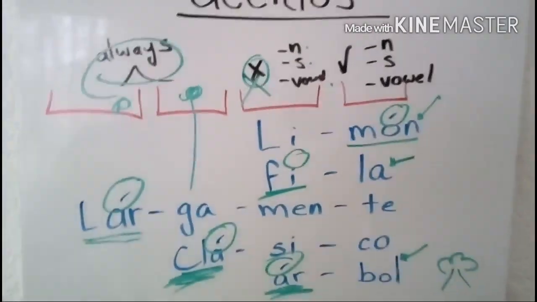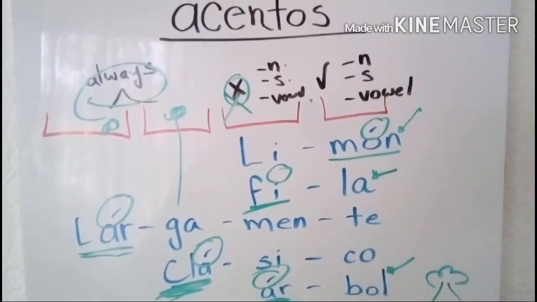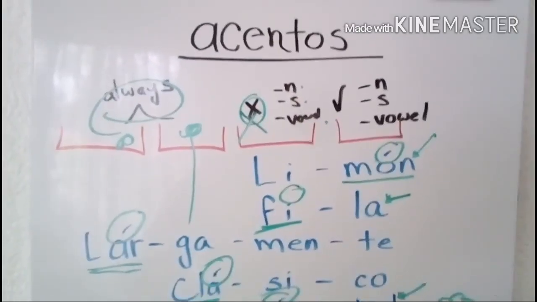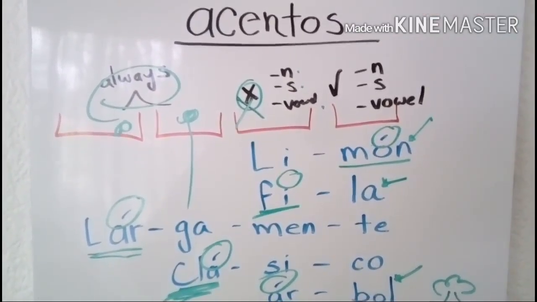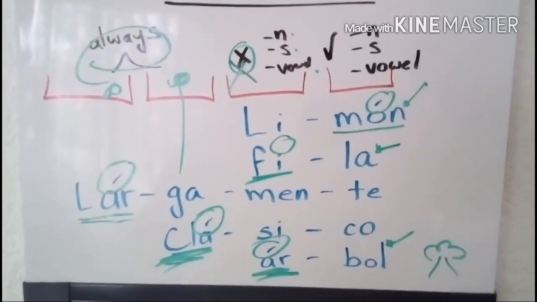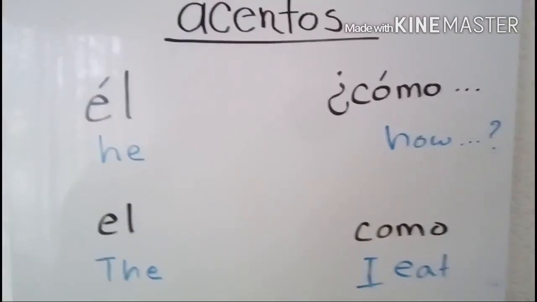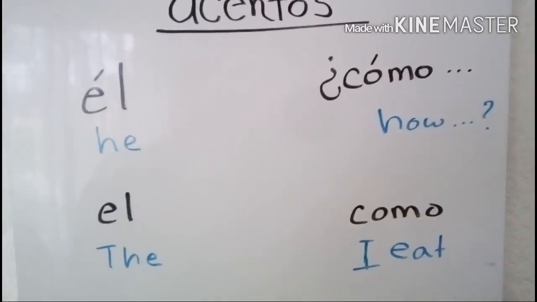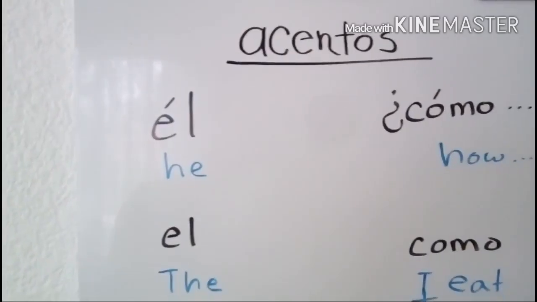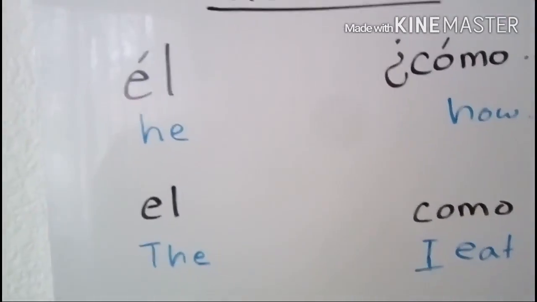So these are the rules for accents, and I want to show you an example of how accents can change everything. So now I have two pairs of words, and I will show you how important it is to put the accent, because the meaning of the word may change.